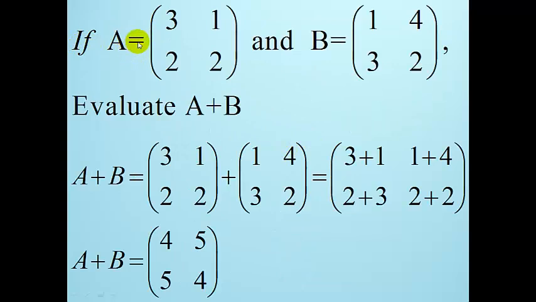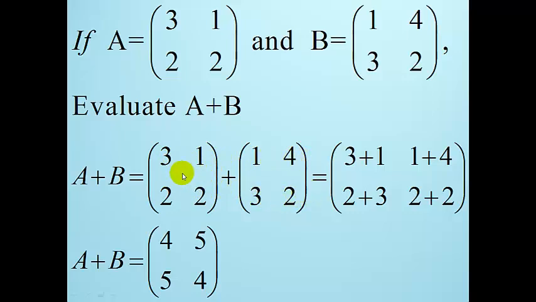If A equals 3, 1, 2, 2, and B equals 1, 4, 3, 2, evaluate A plus B. Now A plus B means we are supposed to add the two matrices. So we have 3, 1, 2, 2 plus 1, 4, 3, 2.